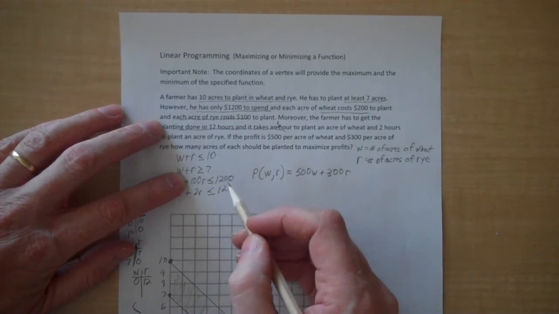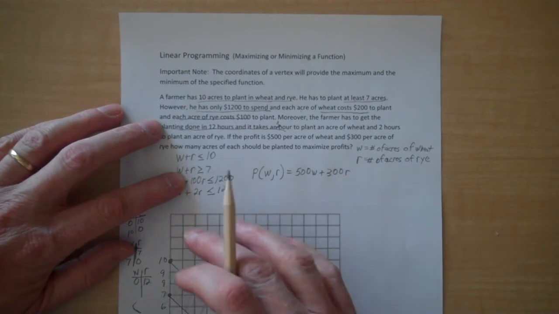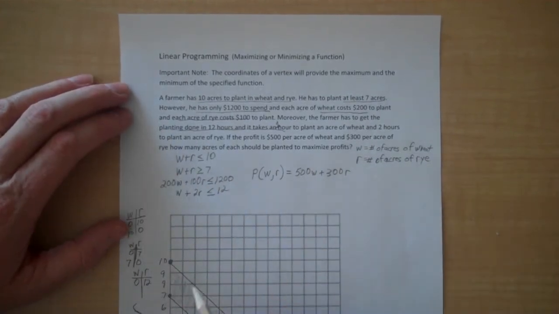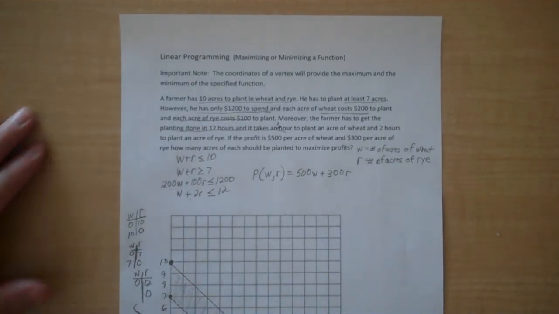I could plant 12 acres of rye. I know that is not a value we could actually plant, but it's still a point that will help us get the line we need.